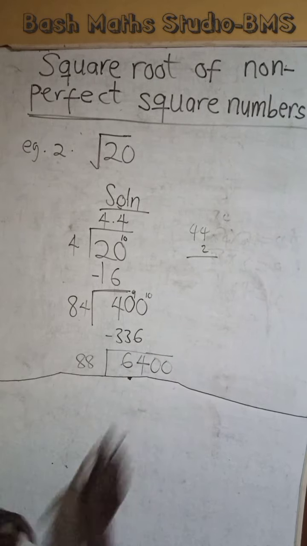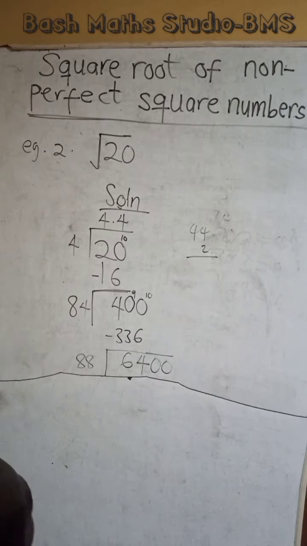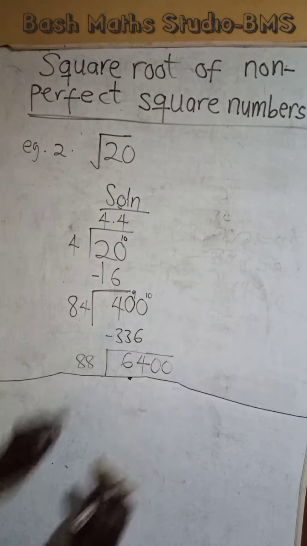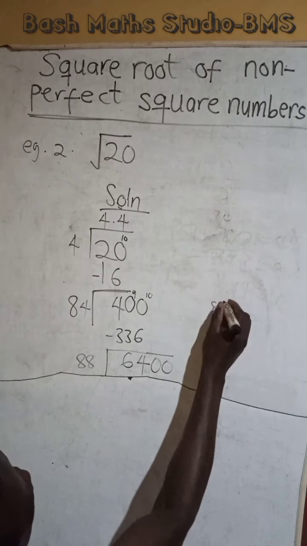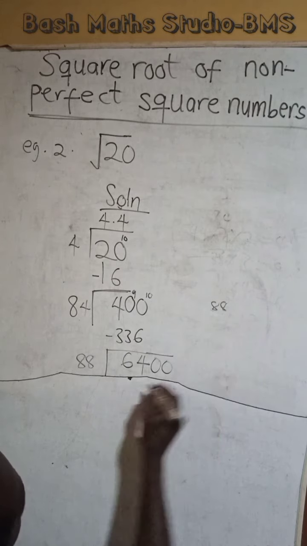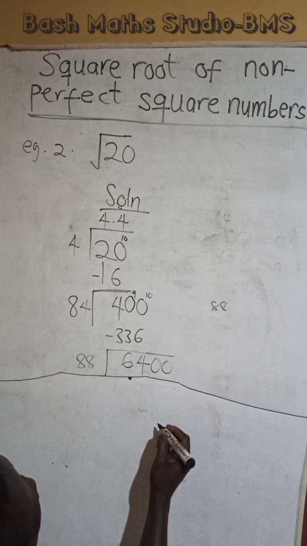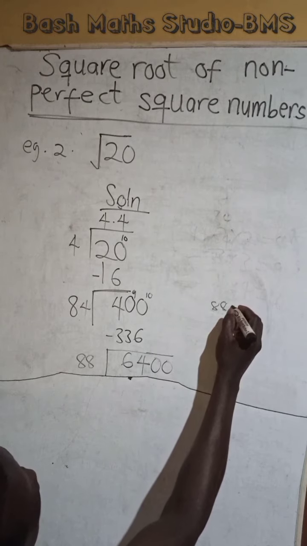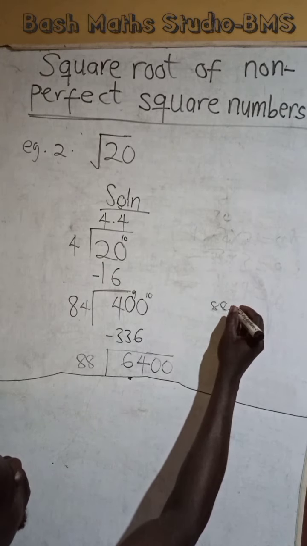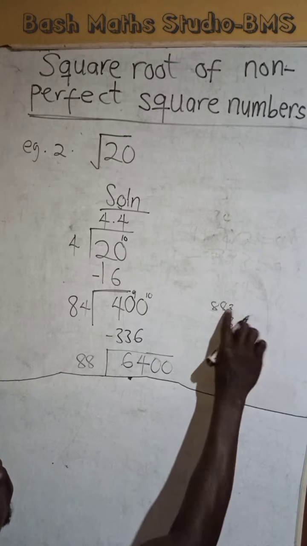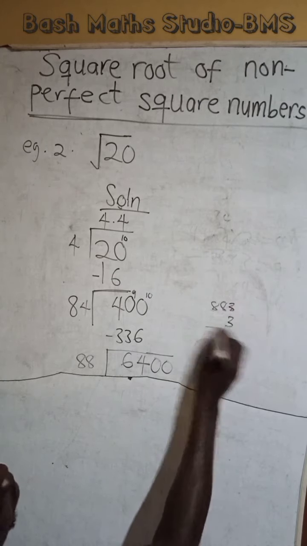So we are always going to add 2 zeros like we did previously. This time it is 88. So now let's pick the 88. Then because 6,400 is a bigger number, let's pick a little bit bigger number. Let's start from maybe 3. So this will be 3. Let's write it again.